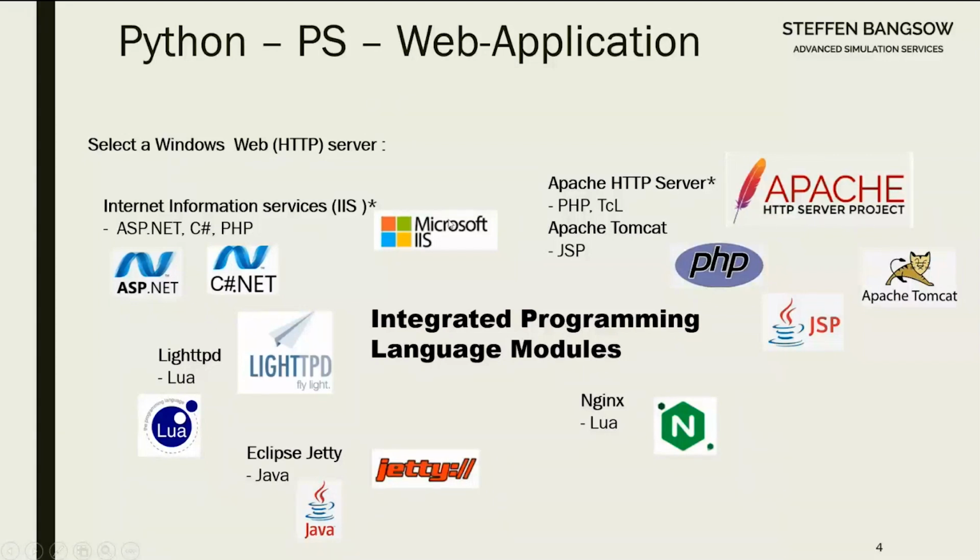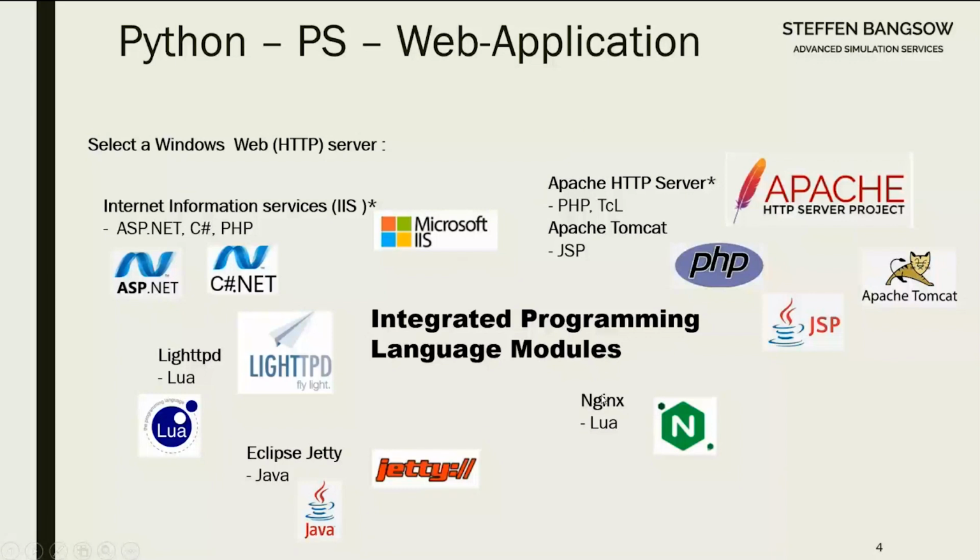We have the Microsoft Internet Information Services. This is quite useful if you already have a Microsoft server in your company, because then normally the Internet Information Services are installed already. Then we have the Apache HTTP server. This is available under Windows also. It's free of charge, it's been used for more than 2 decades, and it's up to date.